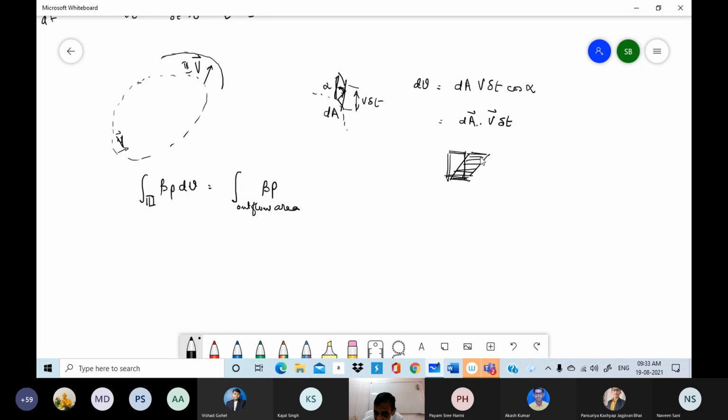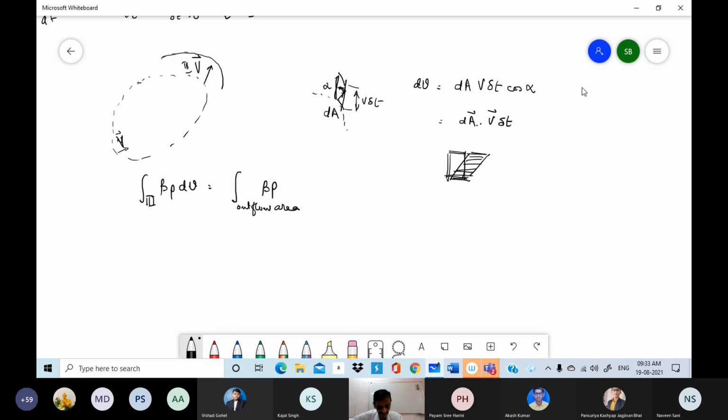So the volume of the inclined cylinder must be base area into the perpendicular height, so the component of the slant height in the direction normal to the base. So that is what I have taken here.